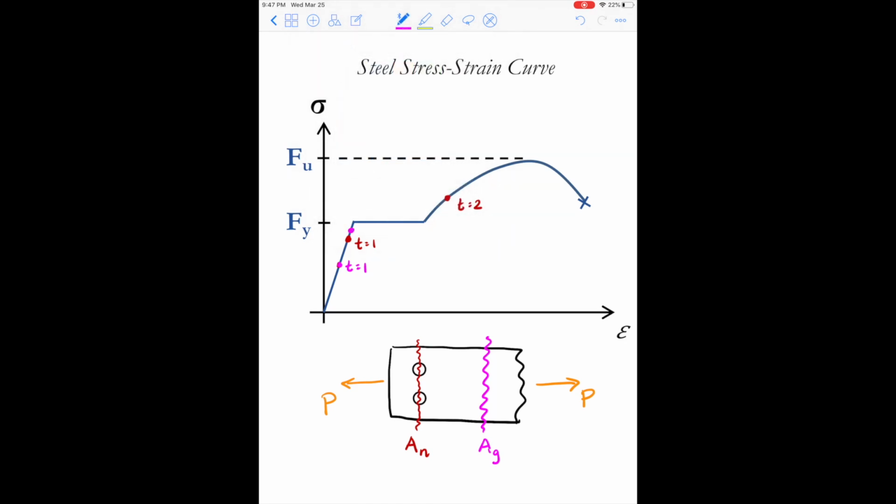As we keep doing this, the net section is still ahead of the gross cross-sectional area. It's just that before the net section can reach the ultimate capacity, the gross cross section hits the yield. And then this would lead to yielding across our entire member, and that would end up with large excessive deformations. And so this is a case where yielding controls.